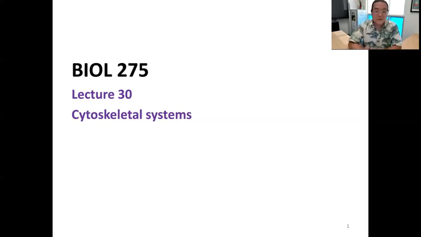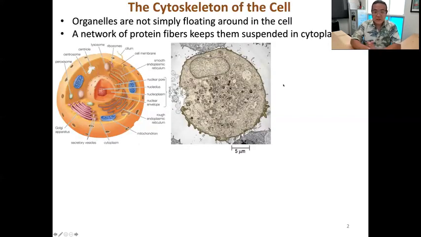Okay. So let's talk about the cytoskeletal systems inside of cells. When we think about a cell, as we've been learning all semester long about the different types of components that make up the structures of the cells, we focused a lot on the actual macromolecules, things like lipids or proteins that make up different types of membranes.